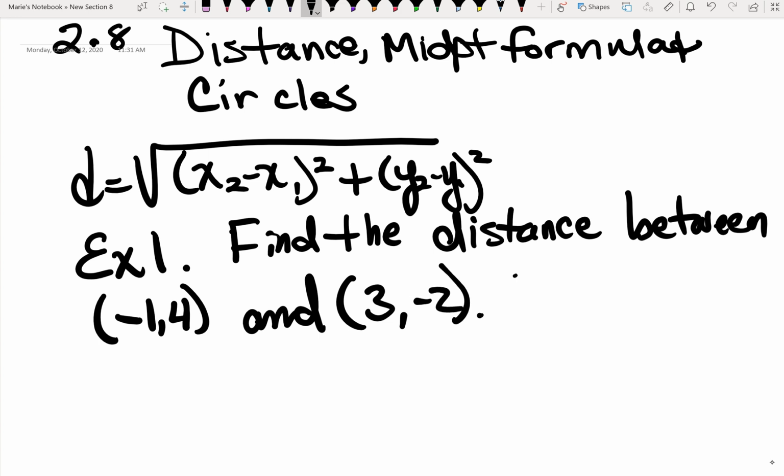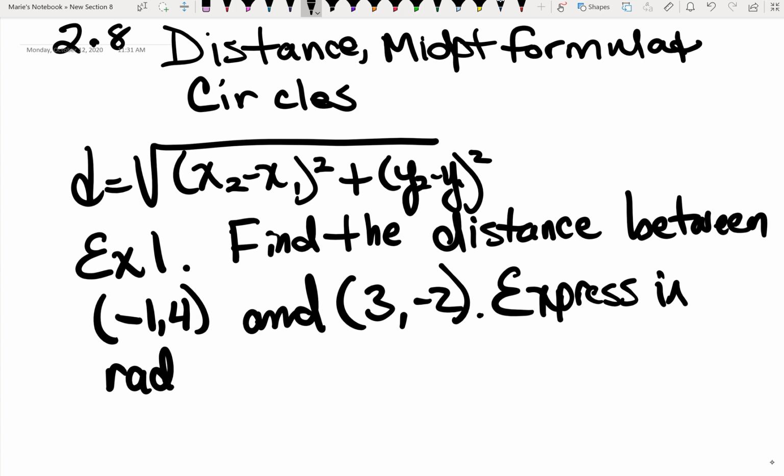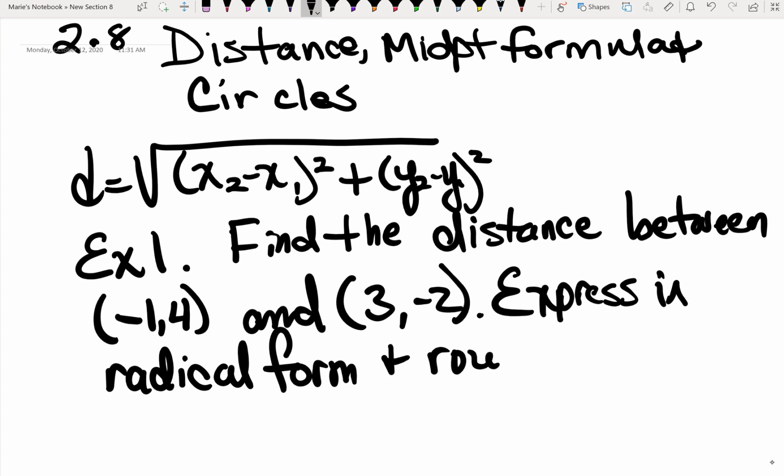And then they want you to express this in simplest radical form.